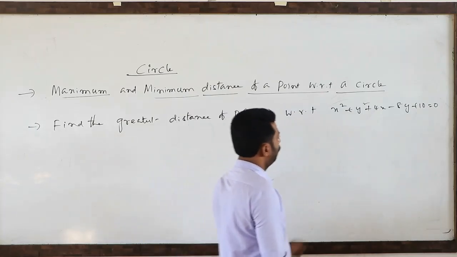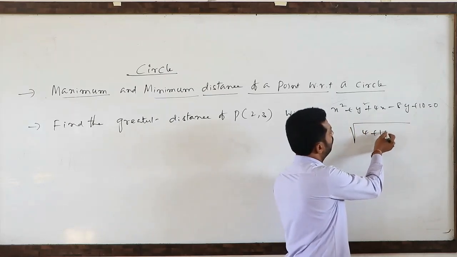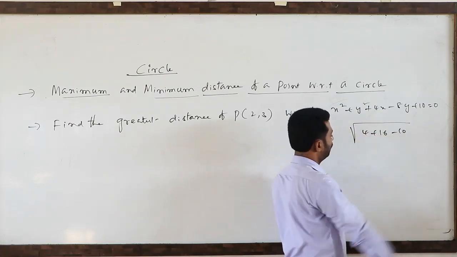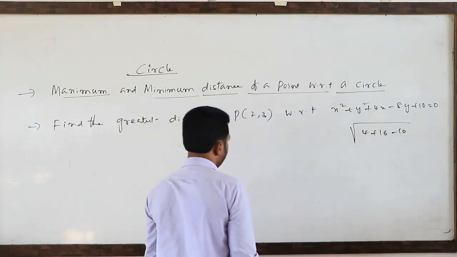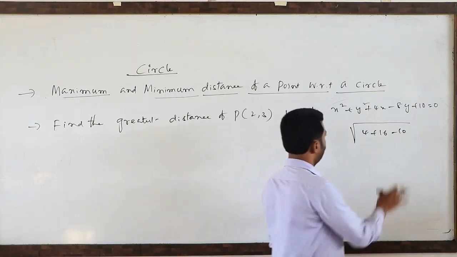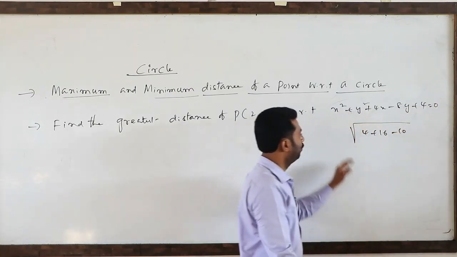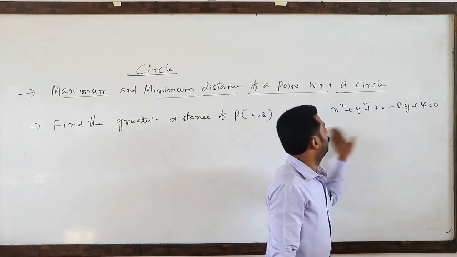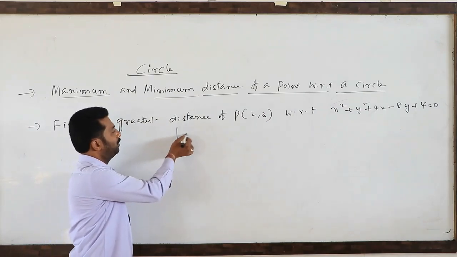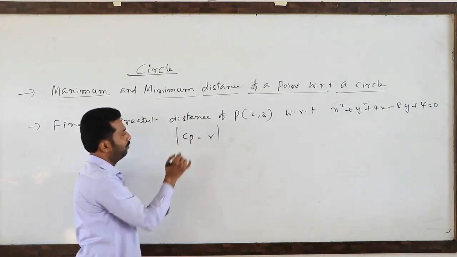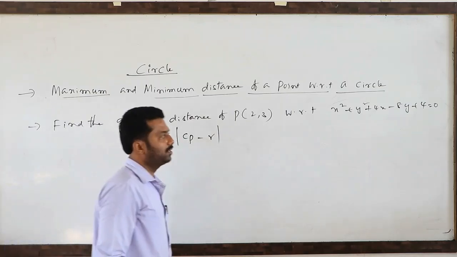We'll see what the radius is here. Square root of 4 plus 16 minus 10. So 24 minus 10. This is plus 4, I will take. You tell me, what is the greatest distance? Greatest distance formula is CP plus R. P is (2, 3), R is the radius, C is the center of the circle.